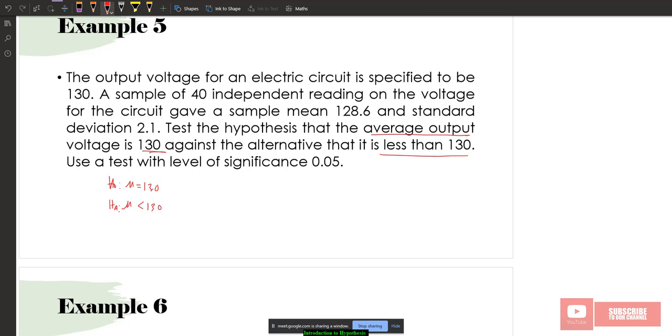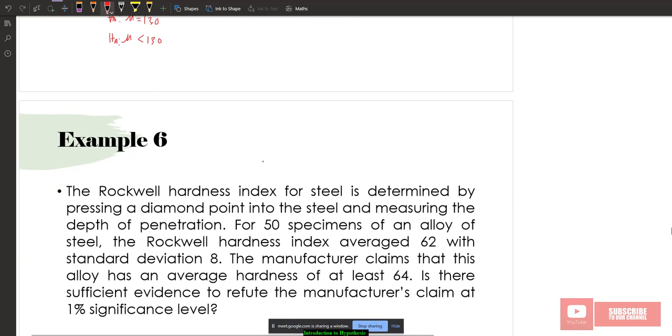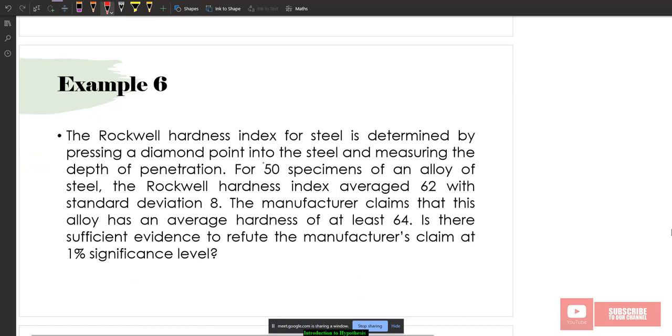The alpha is equal to 0.05. We have 40 samples, and the mean for the 40 samples is 128 and the standard deviation is 2.1. So this is the Z distribution. Very, very simple. You just need to identify the test statistic we're going to use.